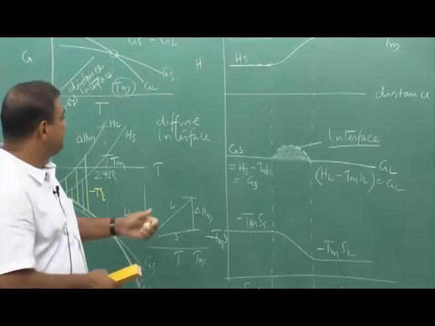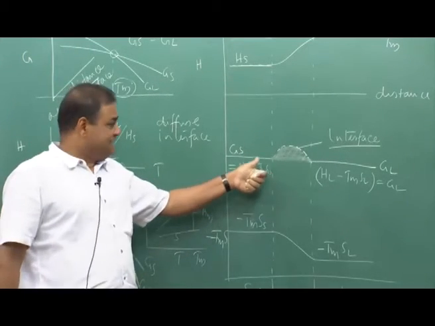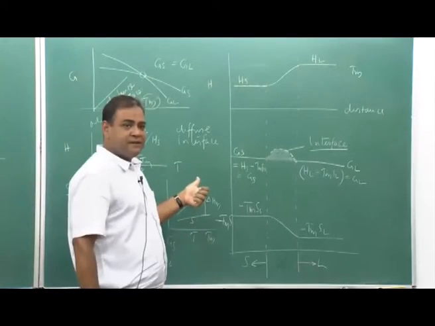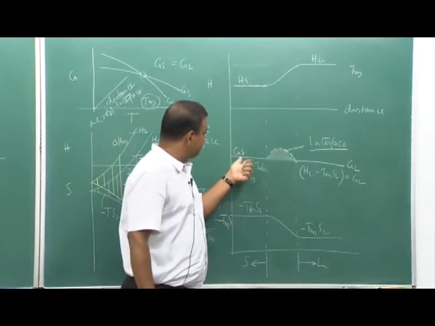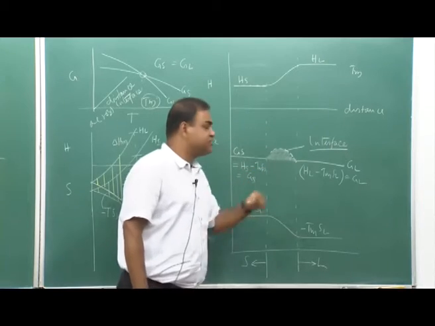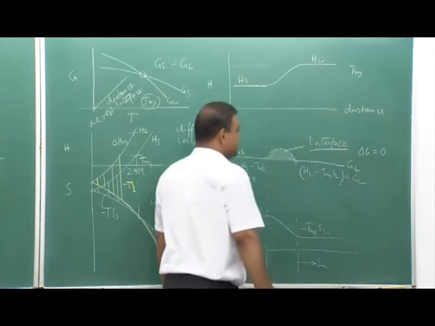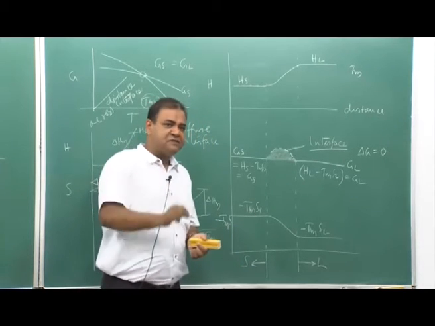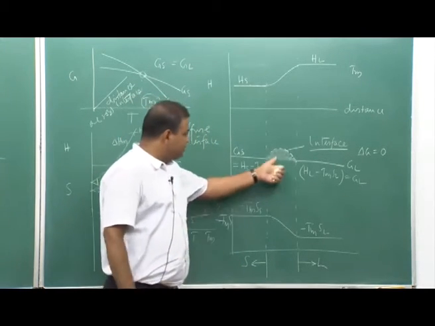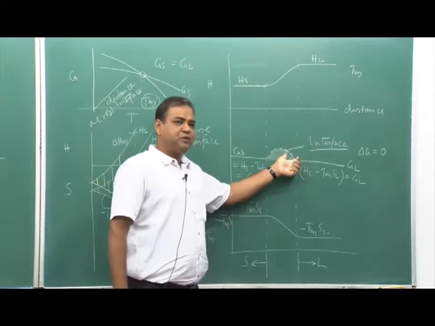Now, we can realize that even if at T_m I have similarity, we have the same G_S and G_L terms, because we know that delta G equals 0. But if there is any interface formation, that would have a positive contribution.